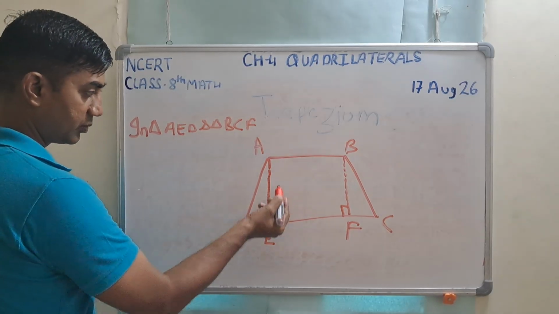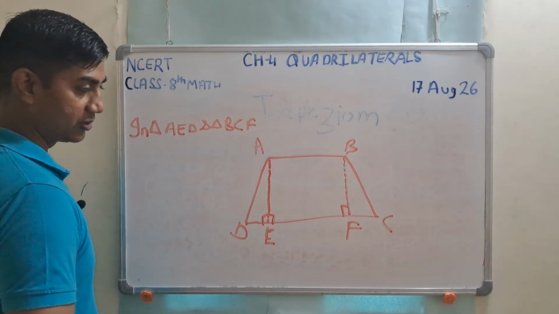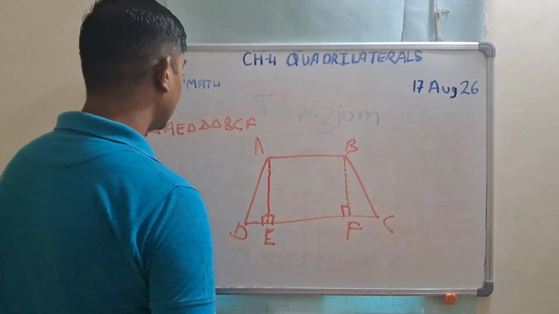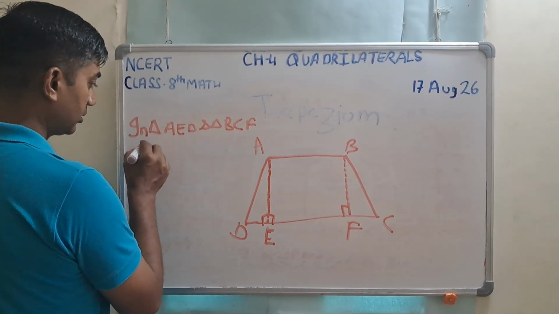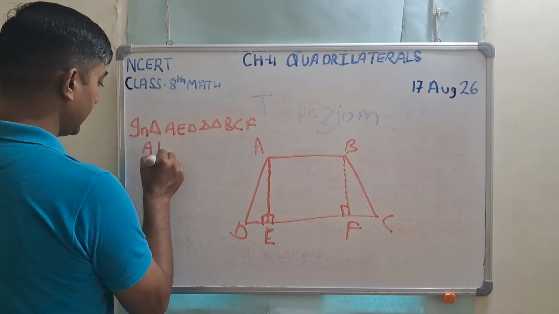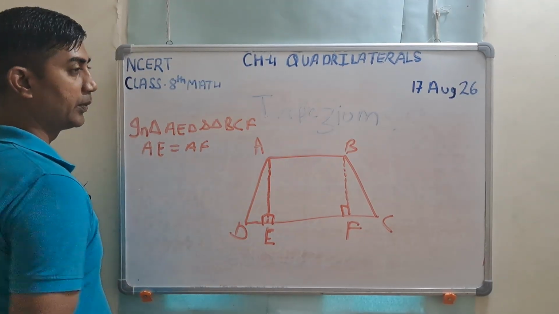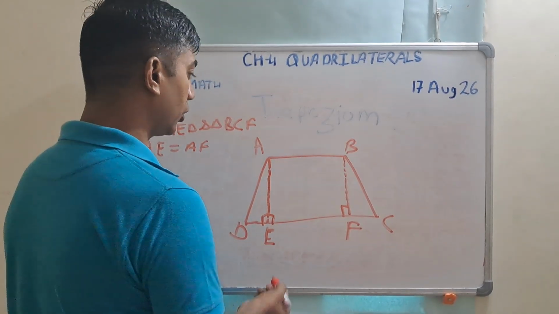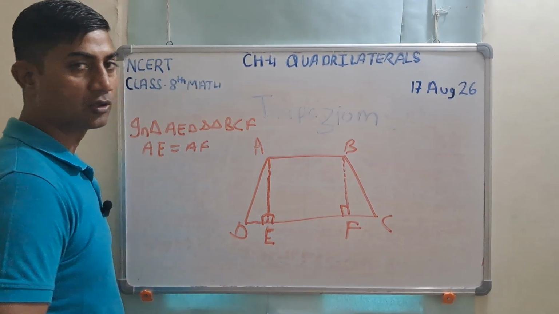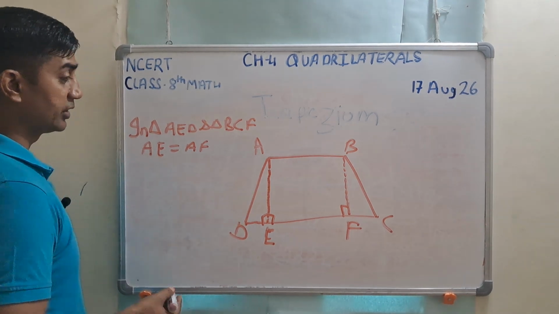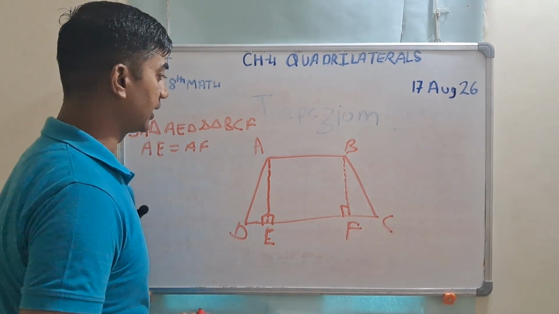And the distance between two parallel lines is always the same. So we can say that AE is equal to BF. Why? The shortest distance between two parallel lines is always the same. That is actually a property of parallel lines.